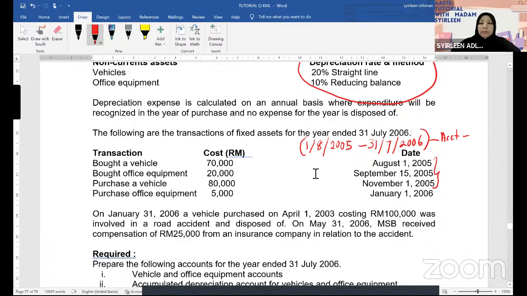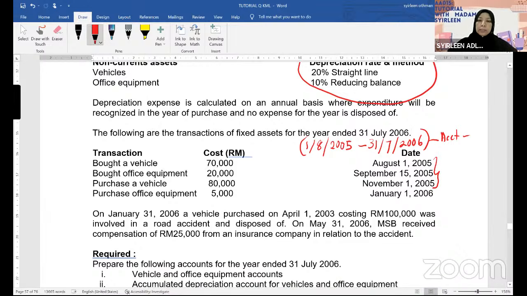Because it says for the year ended 31st July 2006, it ends on 31 July 2006. So 12 months before, we start on 1st of August 2005. So all of these will be recorded.